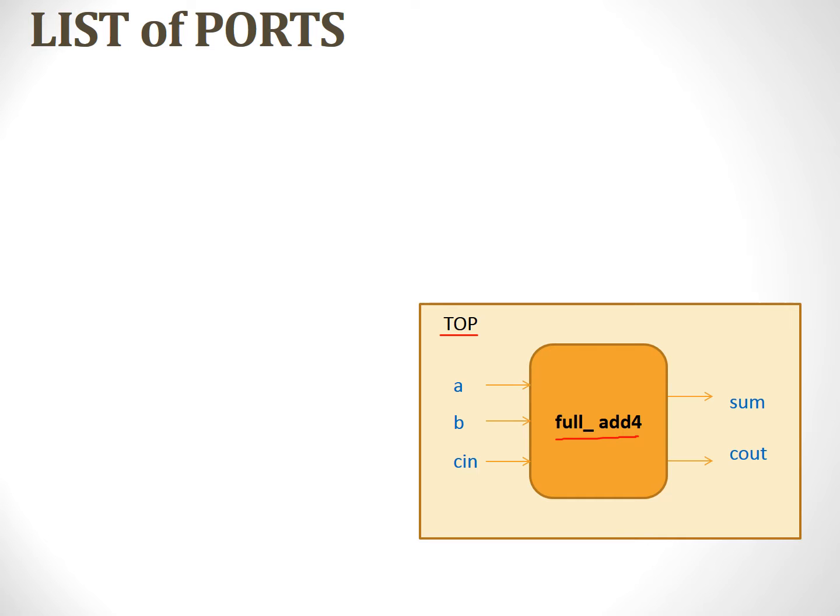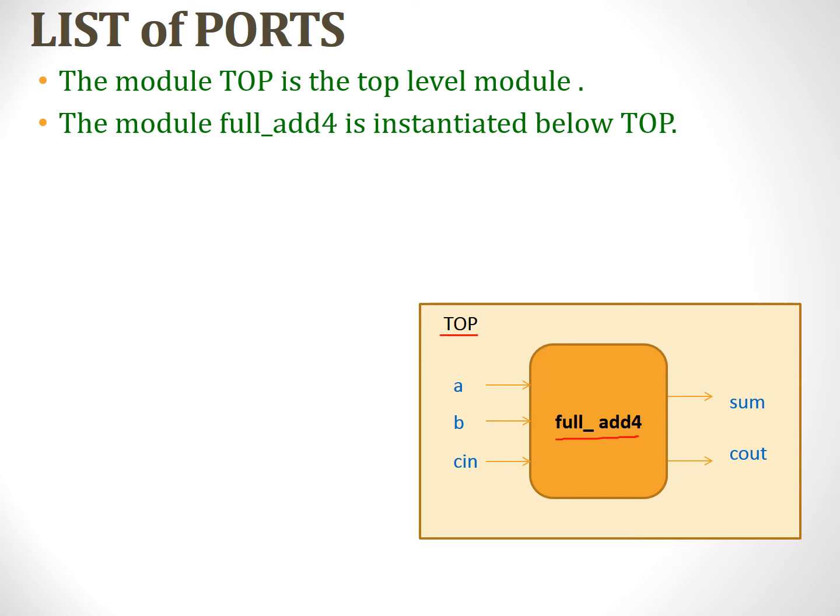So a module declaration for such a module without any ports is simple. The module top is the top level module. Module full adder 4 is instantiated inside the top module. If we are writing the module declaration for a full adder, it would look like module full underscore add 4, which is the name of the module, followed by the list of input and output variables.